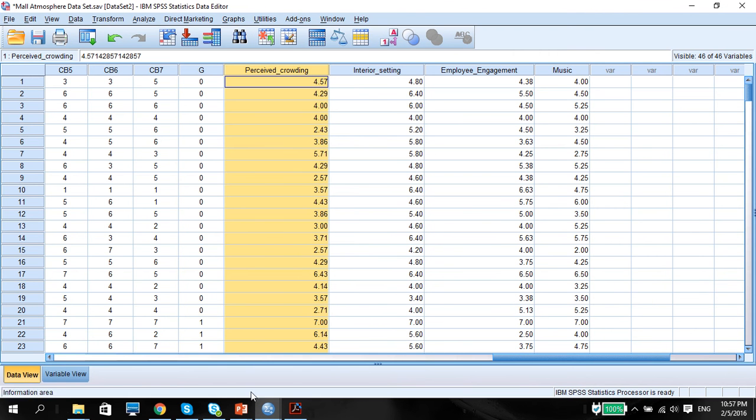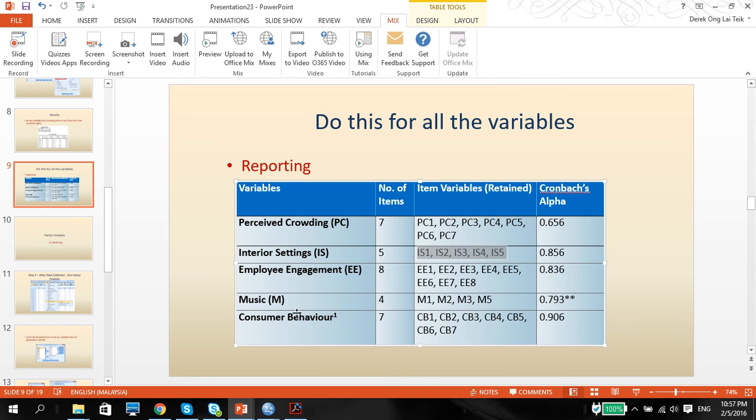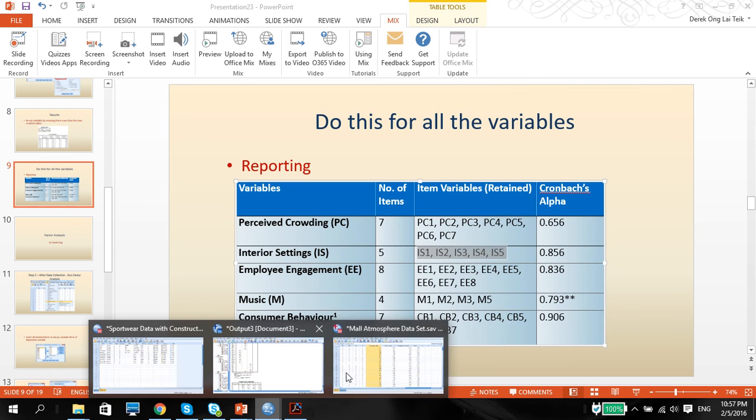Right? And of course, don't forget about your dependent variable, which is consumer behavior.